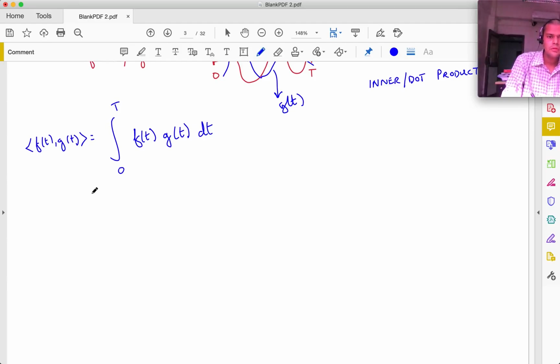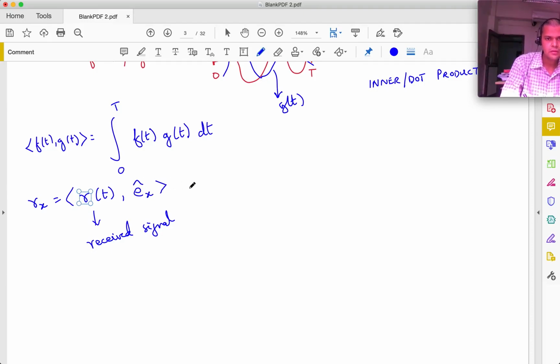Suppose this is my received signal. I find the x component, which is just the dot product of r(t) with the unit vector over here, and then I find the y component, that's just the dot product of what I receive with the y unit vector.